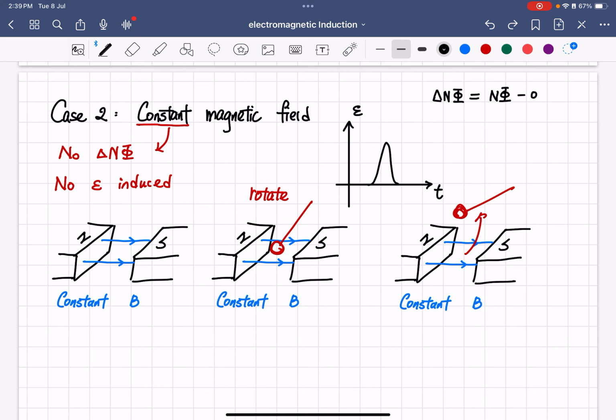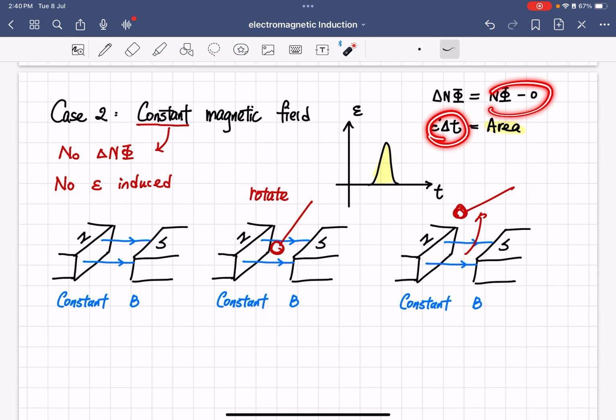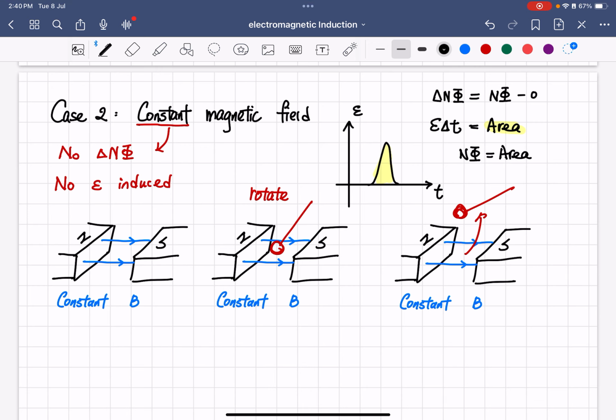So this time it is actually easier. E Δt will be the area under the graph. Therefore, we have NΦ equals the area, and Φ equals BA. So B equals the area over NA.